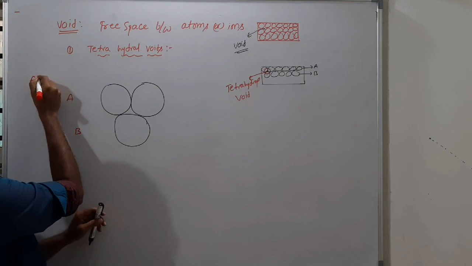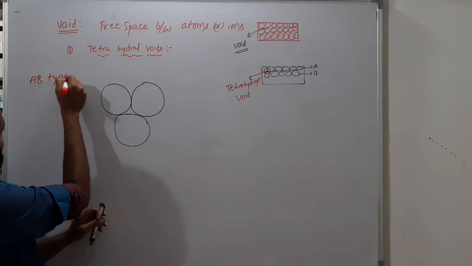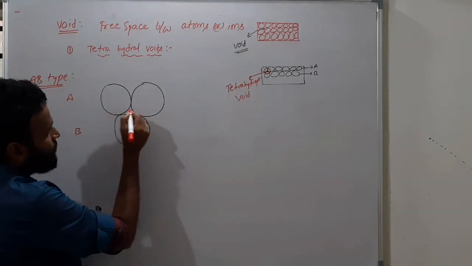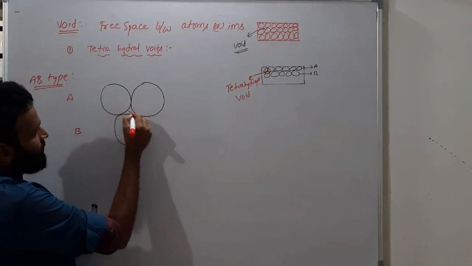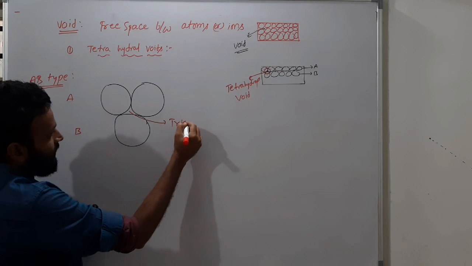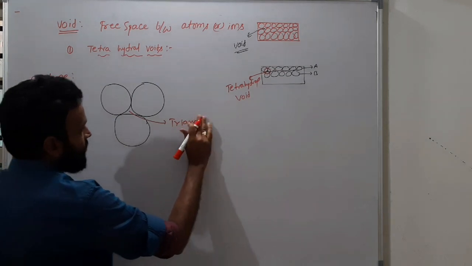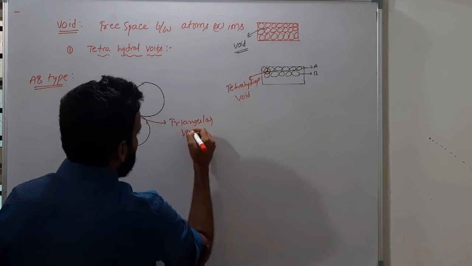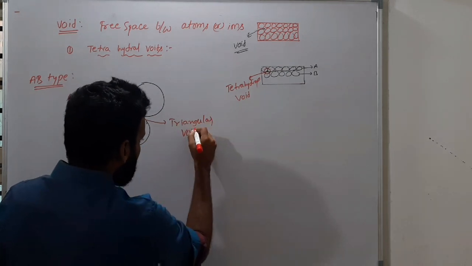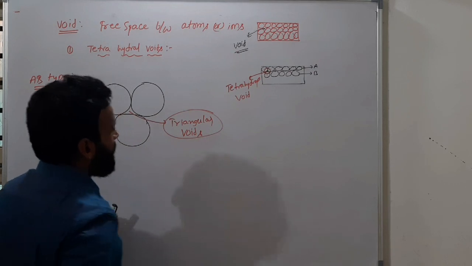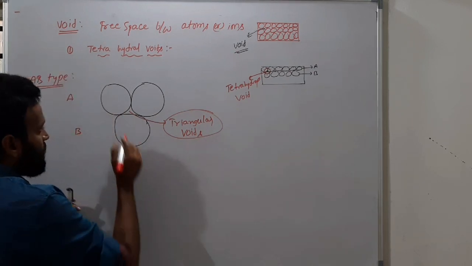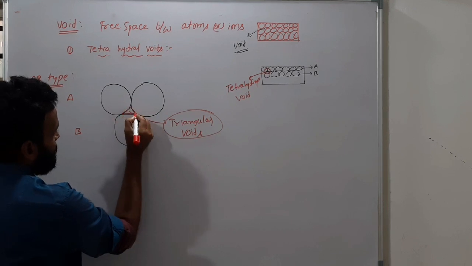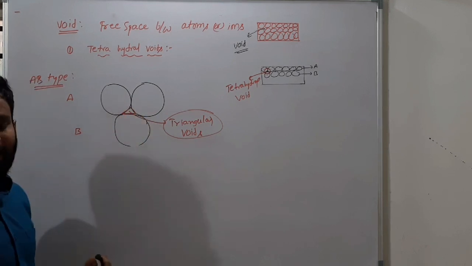If you consider only AB type, this void you can consider as a triangular void.